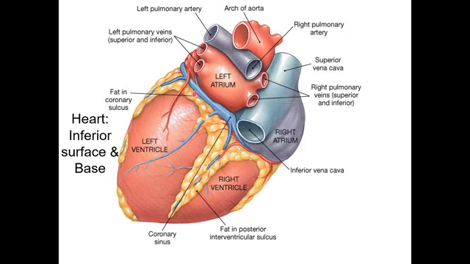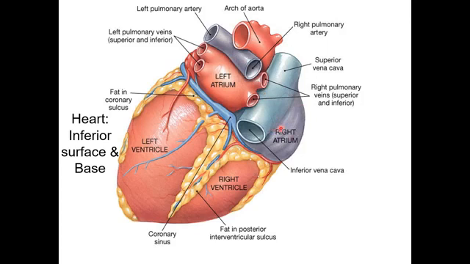Note here it becomes more horizontal than the anterior surface. The base of the heart or the posterior surface is formed by the two atria. Mostly the left atrium, also about two thirds is the left atrium and one third is the right atrium.